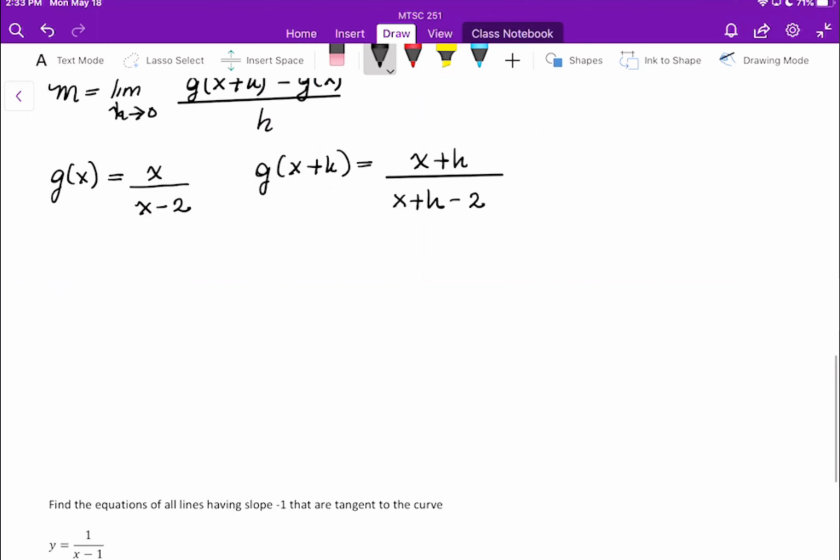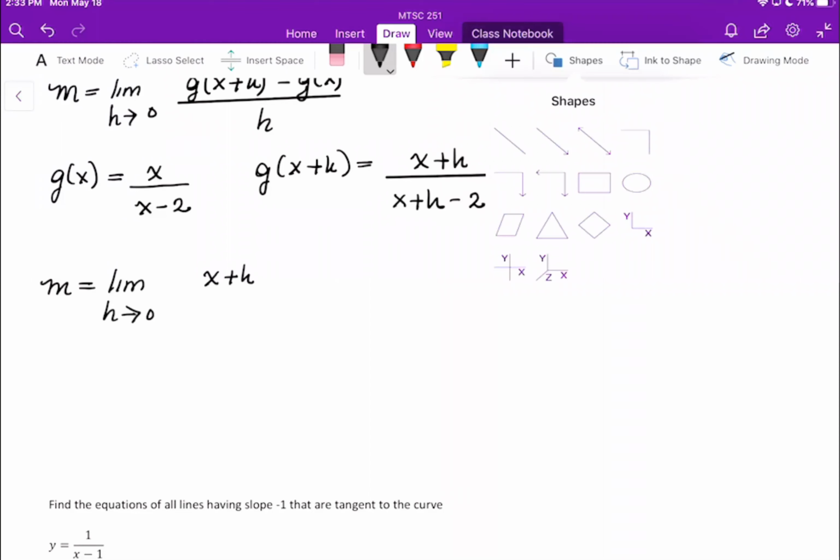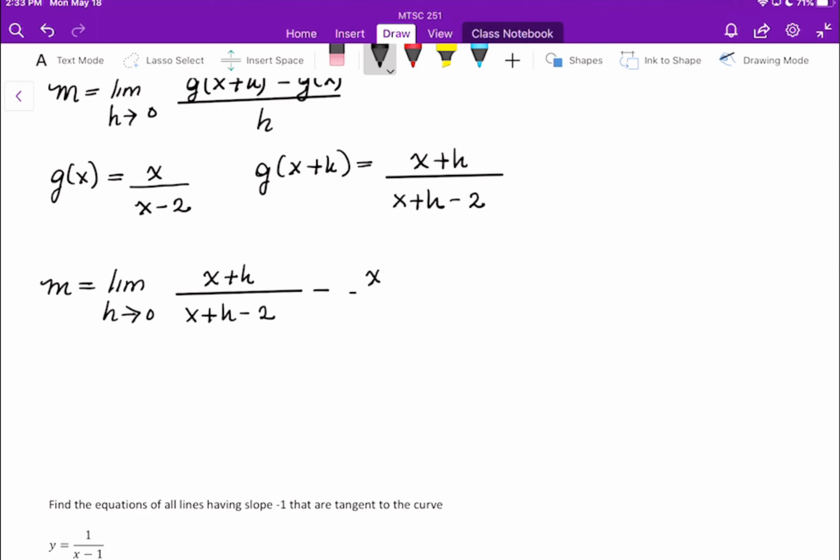So therefore m is going to be the limit as h approaches 0 of, we're going to start off with x plus h divided by x plus h minus 2, minus x divided by x minus 2, and this whole thing is divided by h.